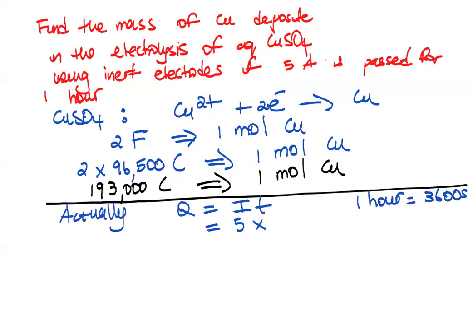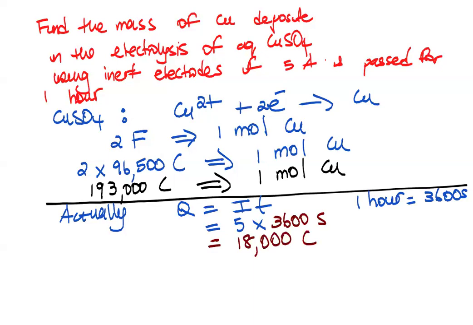You all agree? 60 minutes is 1 hour. 1 minute is 60 seconds. All good? Right, so how much is the charge we actually passed? 18,000 C. Good? You all okay with that?